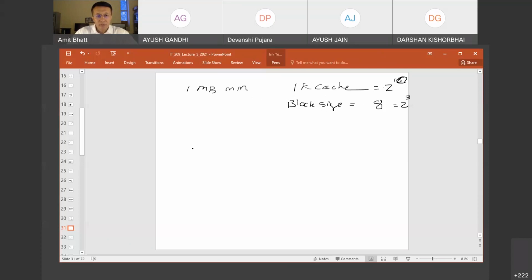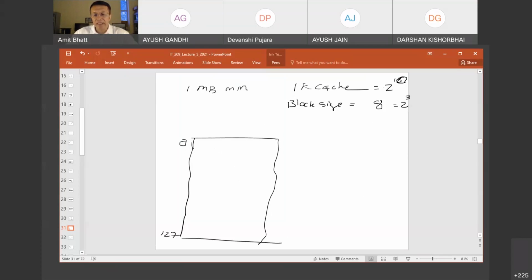So if I draw an example of cache, it would look something like this. And please remember, this is just a conceptual thing. This is not how it may happen in electronics, but this is for our understanding. So I would call this block number 0, and this would be block number 127, correct?